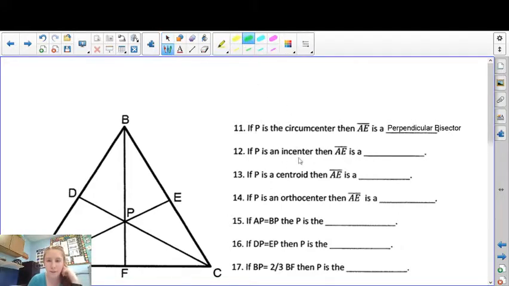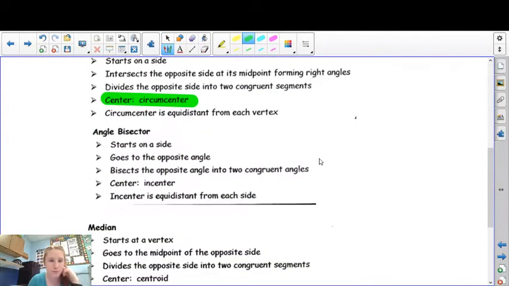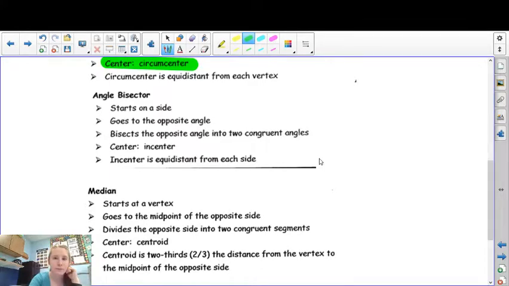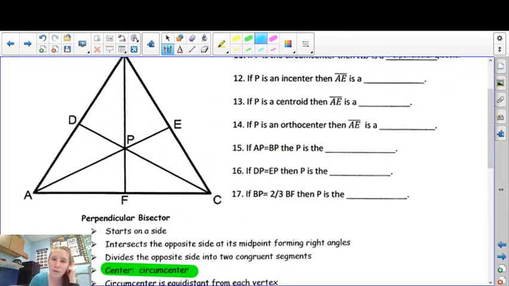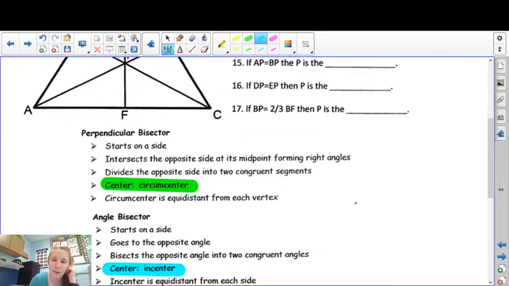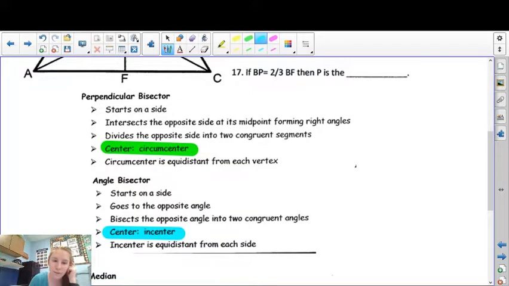If P is the incenter, oop, there it is. Then AE is considered a, where's my mouse? Mousey, there.